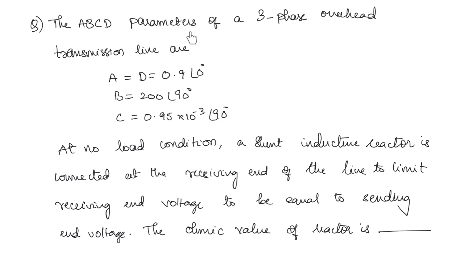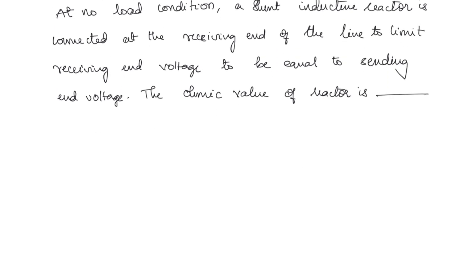The ABCD parameters of a 3-phase overhead transmission line are given. Okay. At no load condition, a shunt inductive reactor is connected at the receiving end of the line to limit the receiving end voltage to be equal to sending end voltage. The ohmic value of the reactor is. So we have already discussed this.